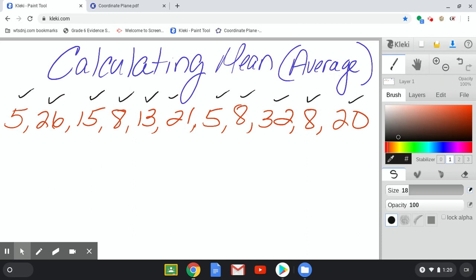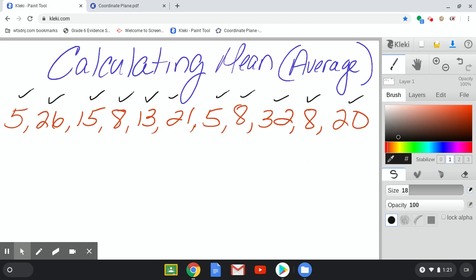This is the part you can use your calculator for. You can add all of these up and divide by, in this case, 11. I would suggest doing this at least 2 times just in case you accidentally input something into your calculator incorrectly.